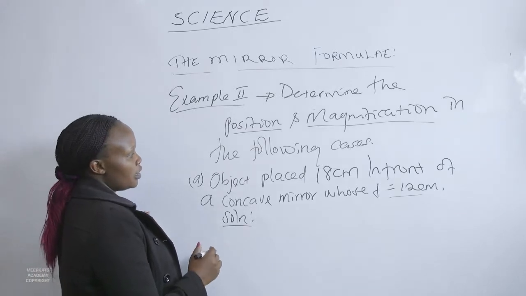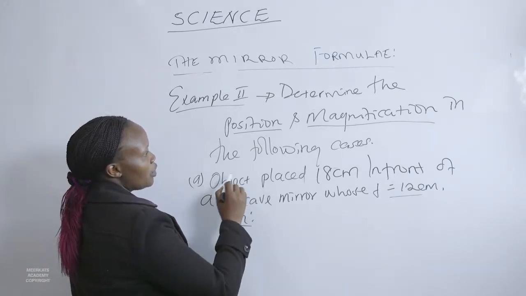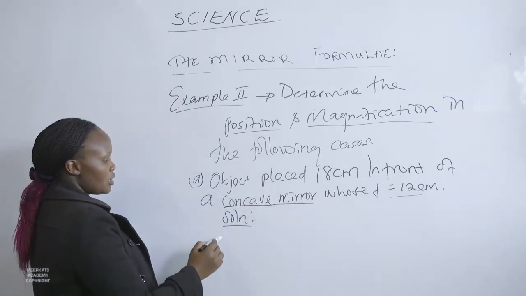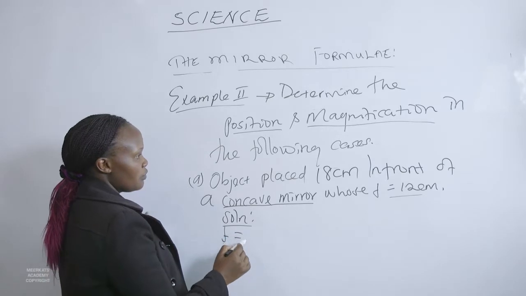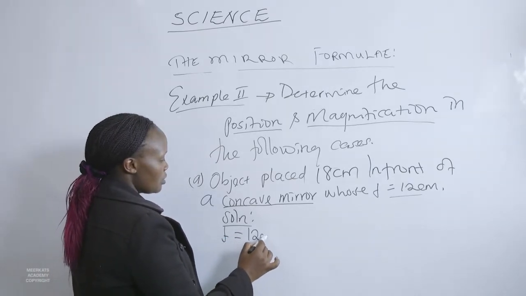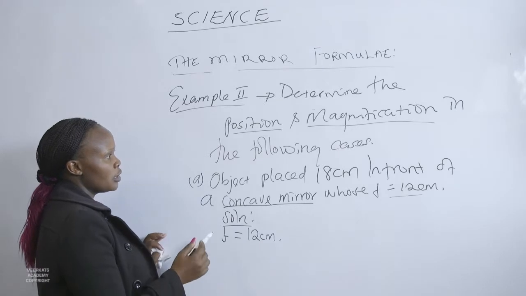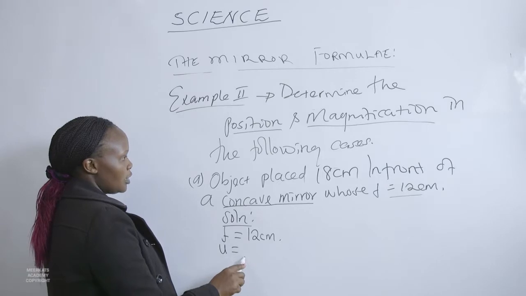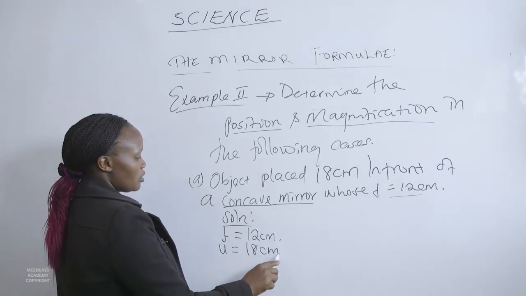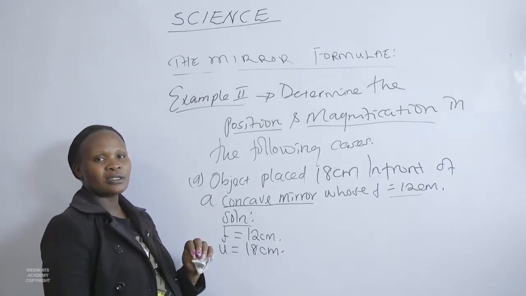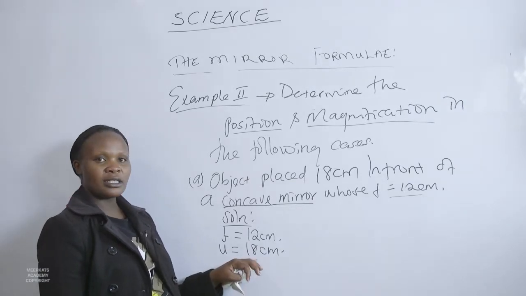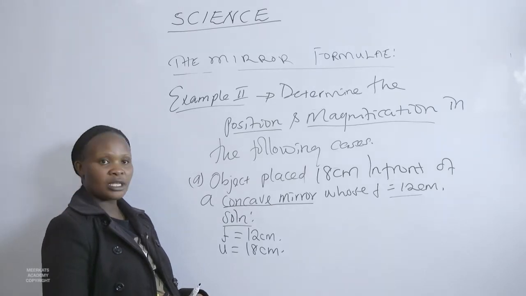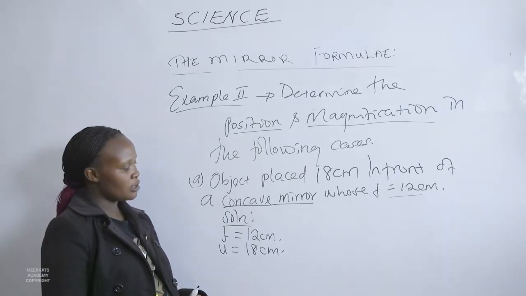Like in our case here, we have a concave mirror, which means that F is positive, 12 centimeters. Then we have another one, which is U, and it is 18 centimeters. The object distance is always real. And in our case here, we have been given an object distance, which is 18 centimeters.